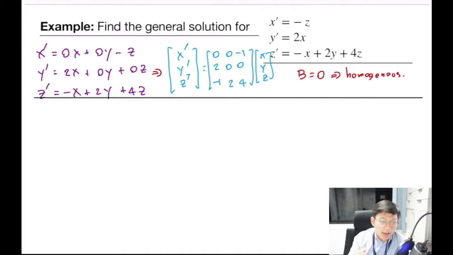Good. After that, we want to find m's, right? We want to find the eigenvalues, the roots.